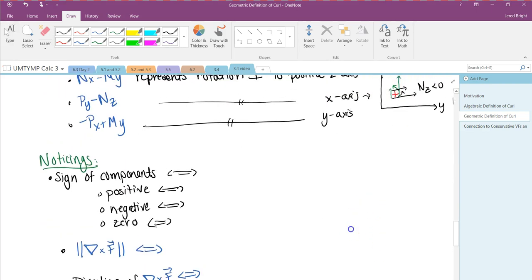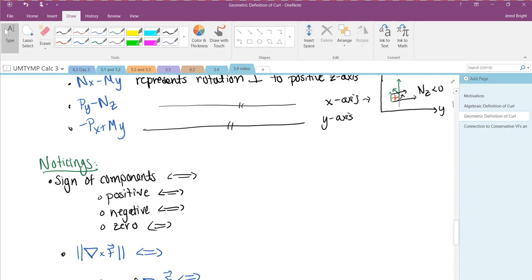And then here, just as we did with 2D, it's wise to look at the sign of the components. Largely we're going to see the exact same thing. If we have positive components, then we're going to have counterclockwise rotation.